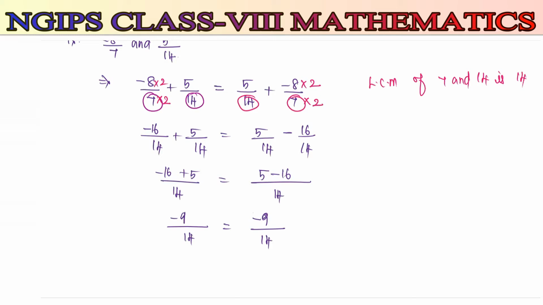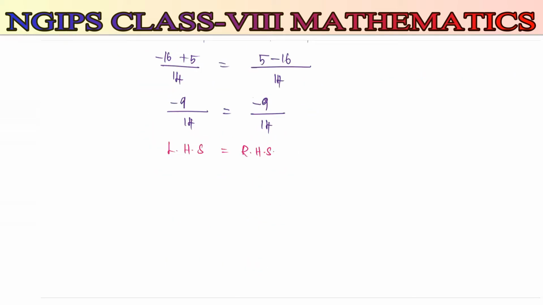So the right hand side and the left hand side are both equal. LHS is equal to RHS. Therefore this verifies the commutative property of addition of rational numbers.